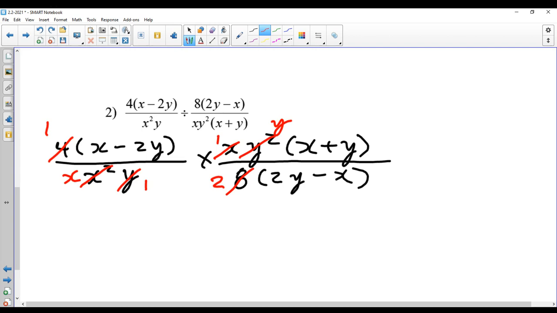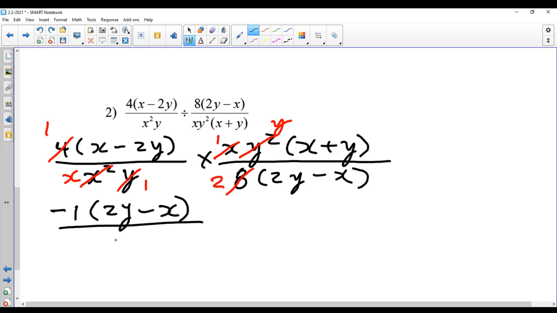Well, if I divided either one of these by minus 1, it would make the order change. So here's what we're saying. I'm going to rewrite this down here. Instead of saying positive 1, I'm going to say negative 1. Then I'm going to call this 2y minus x, right? Changing that from a positive to a negative will reverse the order of these two here.